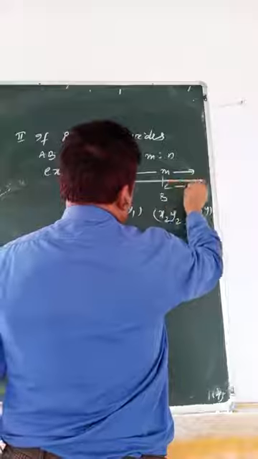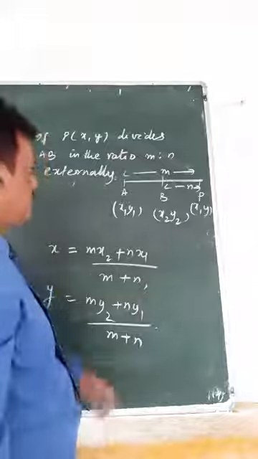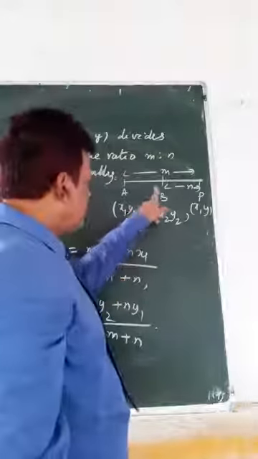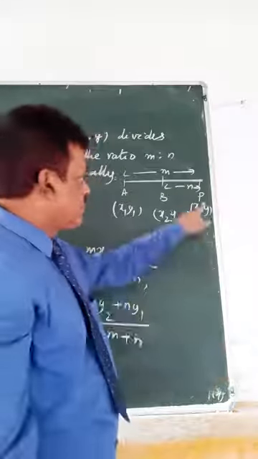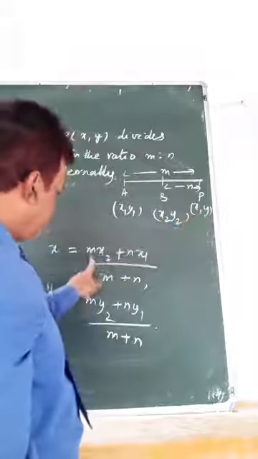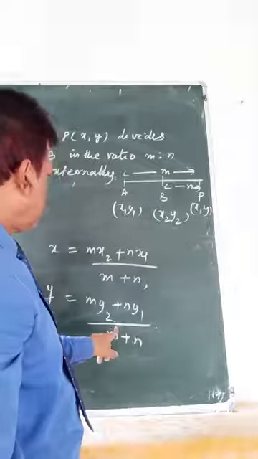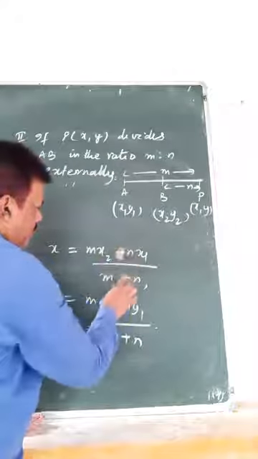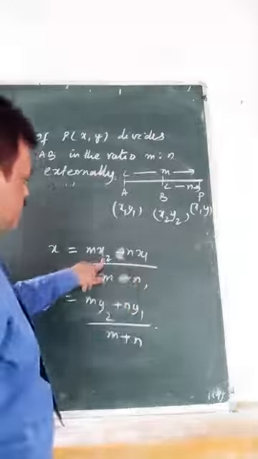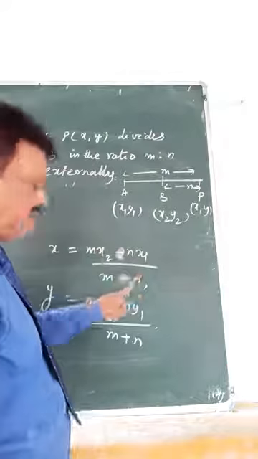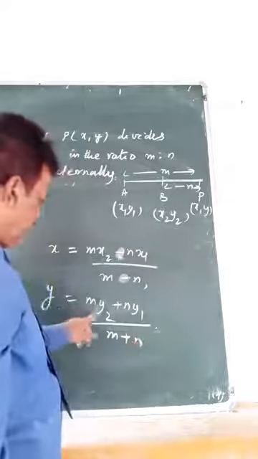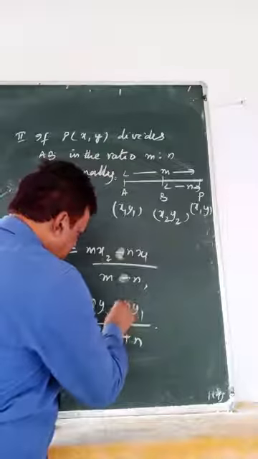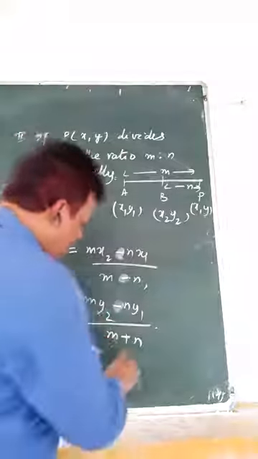This distance is n. So here P was inside, here P is outside. So to find the value of P, the same formula you have to use, but this will be minus: (mx2 minus nx1) by (m minus n), (my2 minus ny1) by (m minus n).